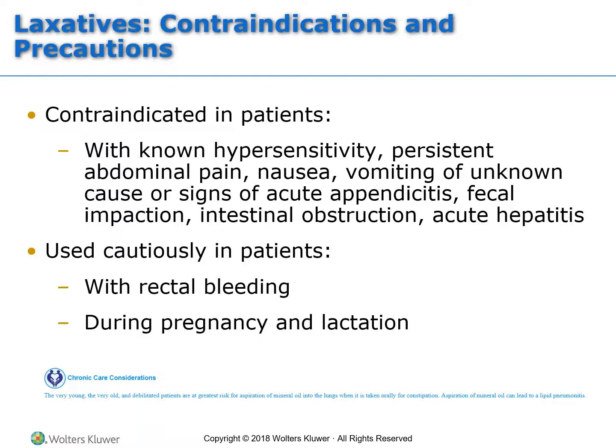An intestinal obstruction of any kind, especially if it's a mechanical obstruction, we're not going to give laxatives. We need to do the appropriate intervention, perhaps surgical, to take care of that. And in acute hepatitis, we're not going to administer laxatives. Used cautiously in patients that have rectal bleeding. It can increase bleeding. And then during pregnancy and lactation, be careful.